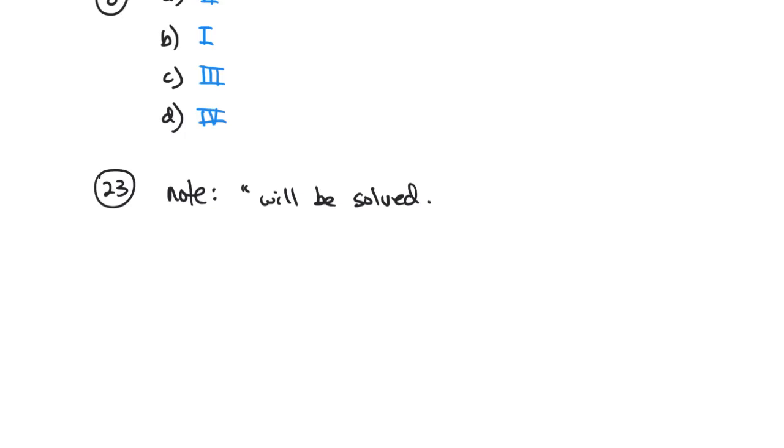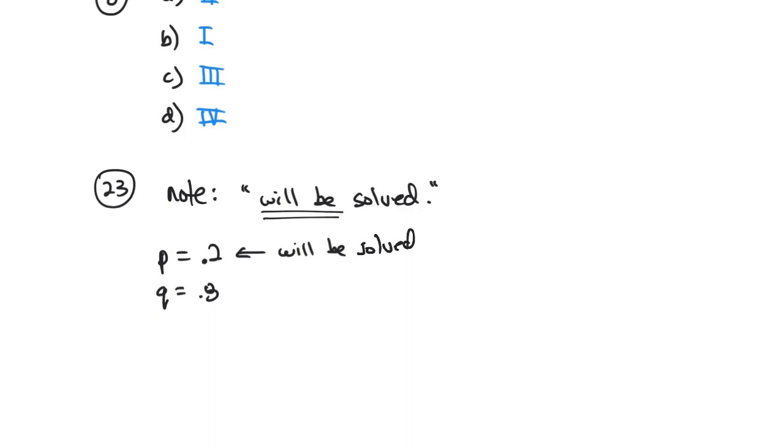So even though they give us information, they say 80% won't be solved, since they keep asking about will be solved, what we should do is let P equal the probability that it will be solved, which is 0.2, and let Q equal 0.8. So this means it will be solved.